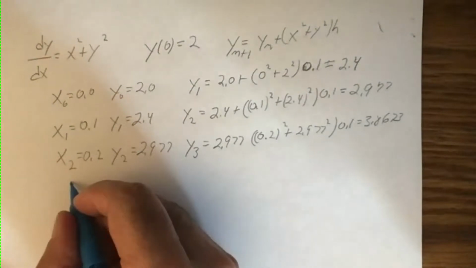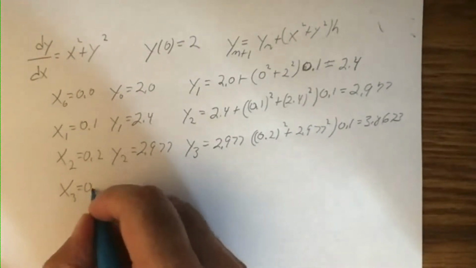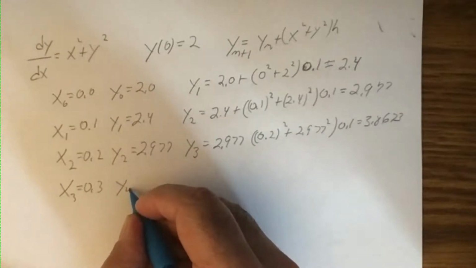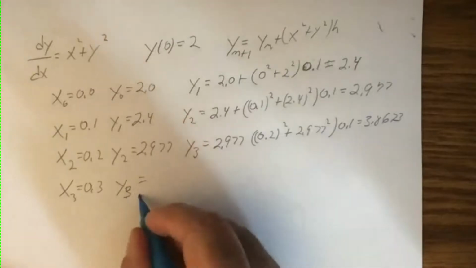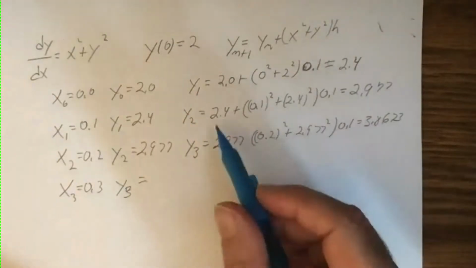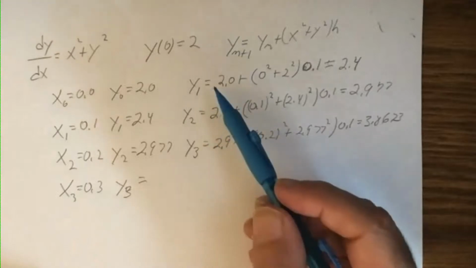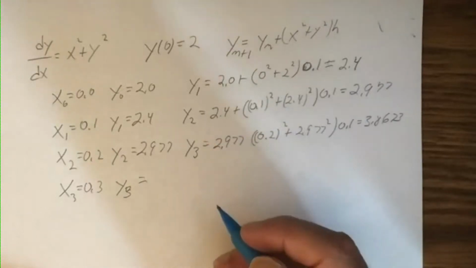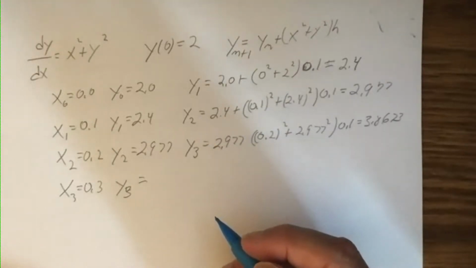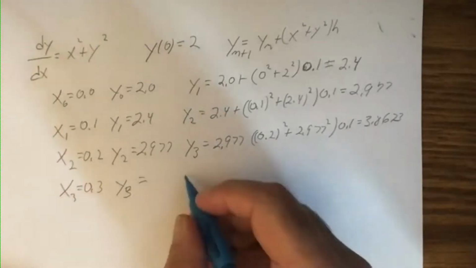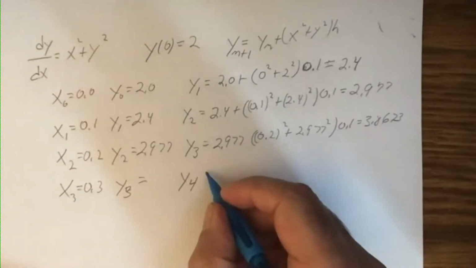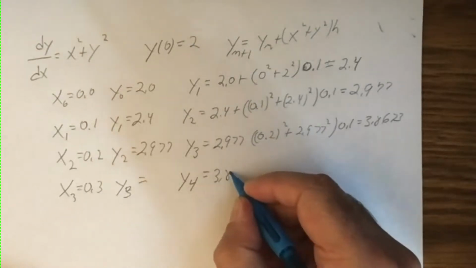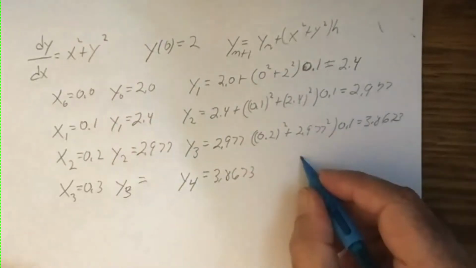So now X is equal to 0.3, right? Wait a second. This is Y 1, 2, 3. Yeah, right. Okay. So Y sub 4 is equal to 3.8673, right? I'm just putting this number in here now.